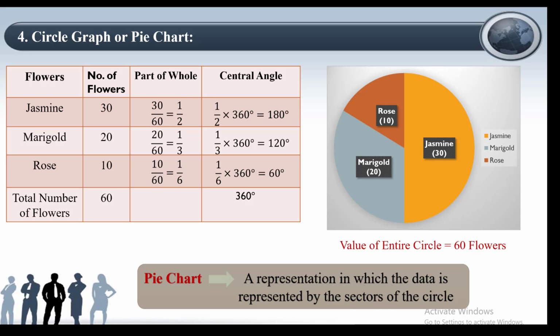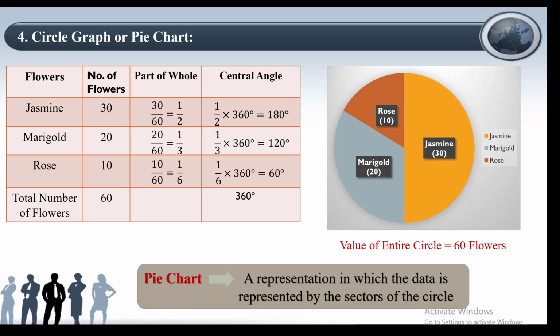Likewise, for 10 roses the number is 1 by 6 part of the total number, and 20 flowers of marigold is 1 by 3 of the total number of flowers.